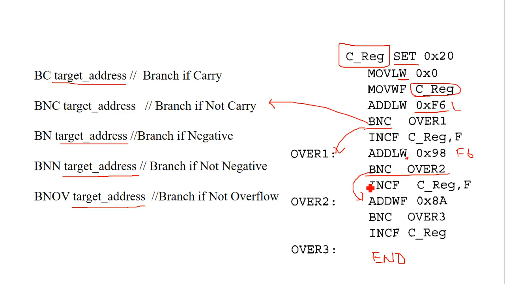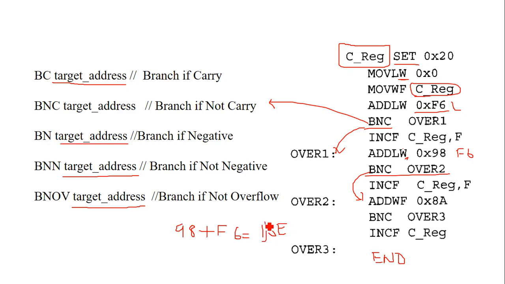If carry is generated, here F6 plus 98 comes out: 98 plus F6 gives you 18E. So here the 1 is a carry.